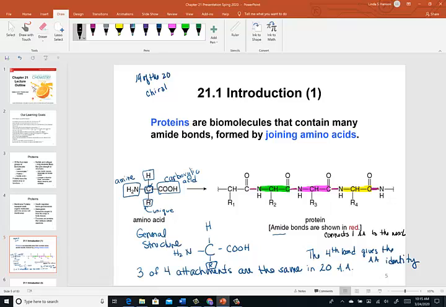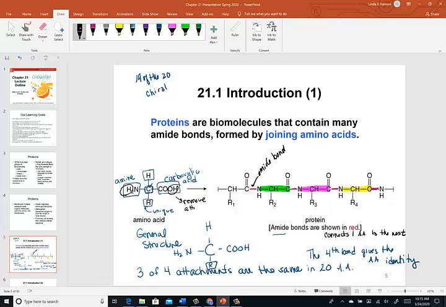Now, in organic chemistry, the amide bond, which is right here, we'll learn is going to form from the splitting out of a water molecule, one of the hydrogens from the amine and an OH from the carboxylic acid. When you remove one water molecule, it's known as a dehydration.